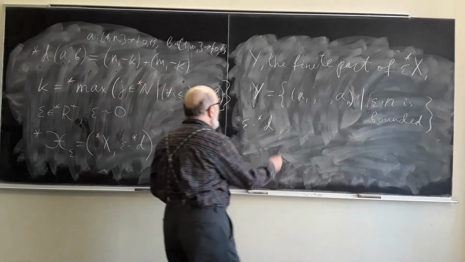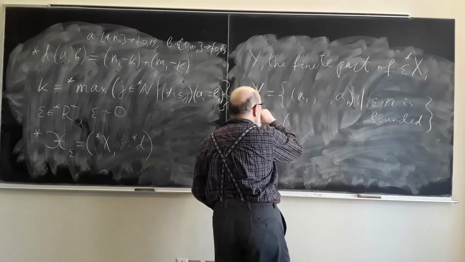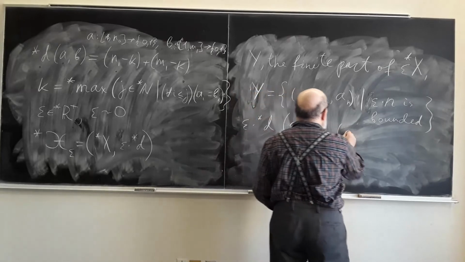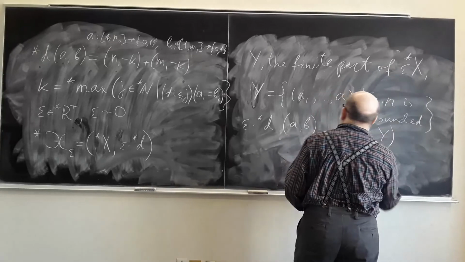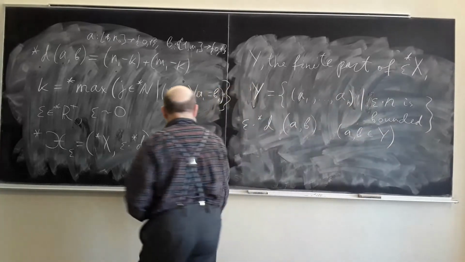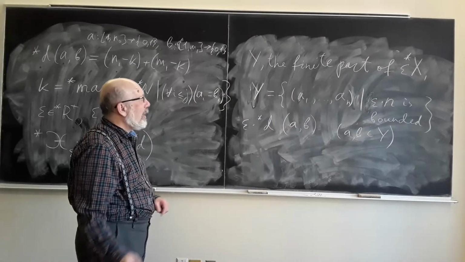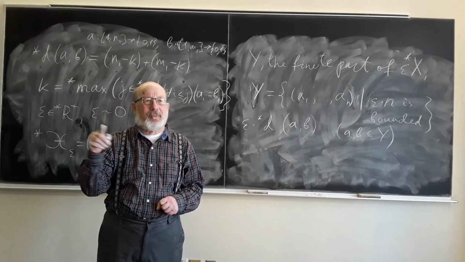So we write epsilon star times star d between A and B, where A and B are points in Y. For example, what is this? It is the following. We have to define the first point where they diverge.